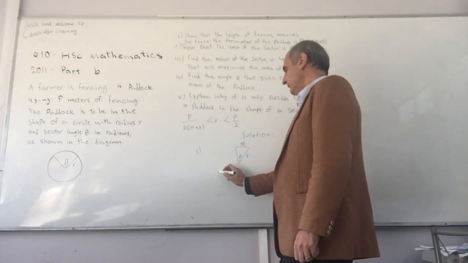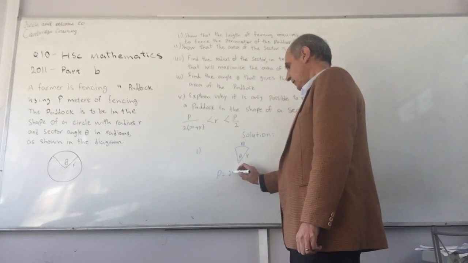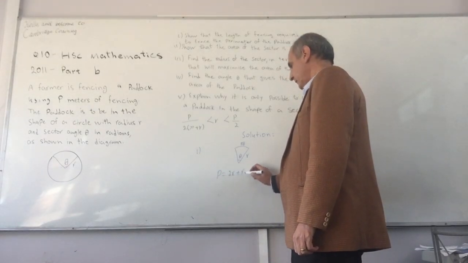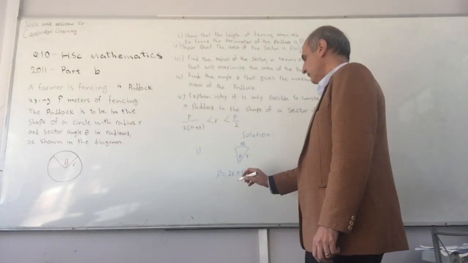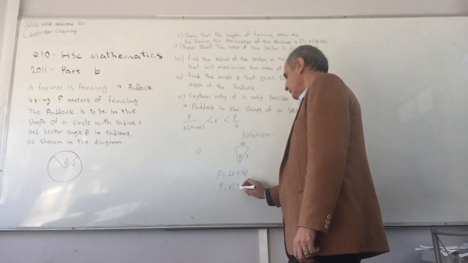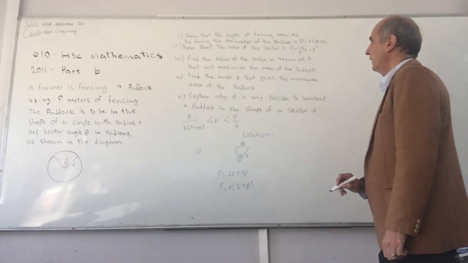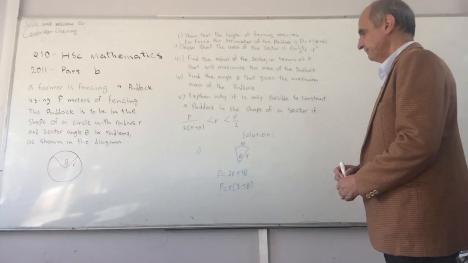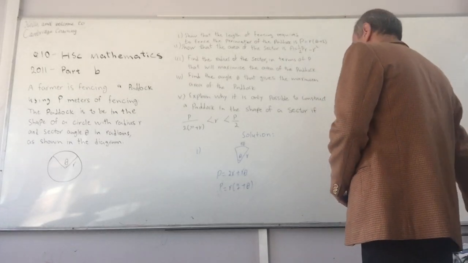So the perimeter is going to be 2r plus r theta, which if we factorize for r, we get r times 2 plus theta, as required. That is for part I.